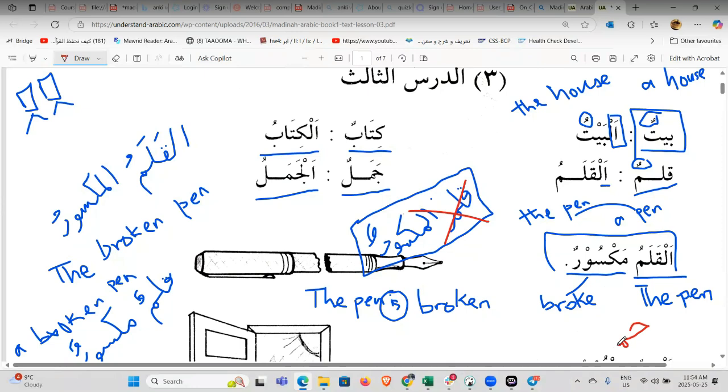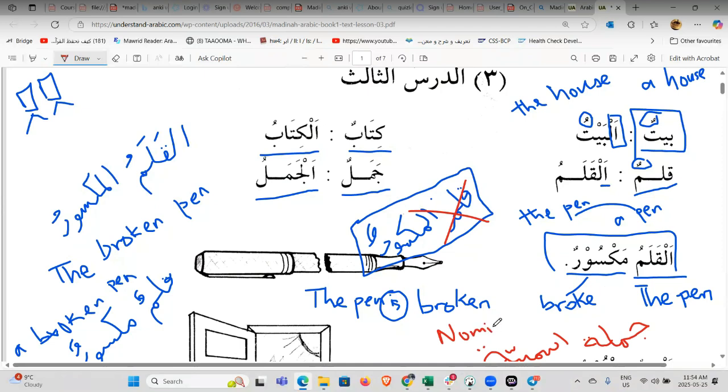Jumla means sentence. Ismiya means it starts with a noun or nominal. Jumlatun ismiya, nominal sentence in English.